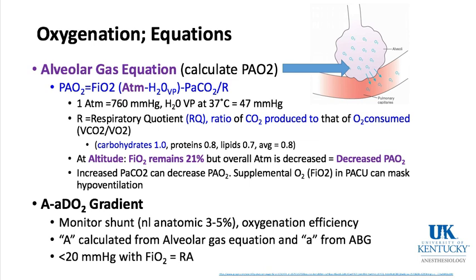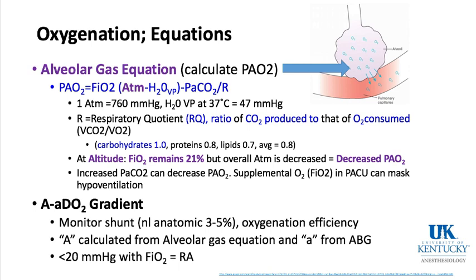PAO2 is equal to the FiO2, room air being 21%, times atmospheric pressure at sea level, 760 millimeters of mercury, minus water vapor pressure, which at body temperature of 37 degrees is 47, minus PaCO2 over respiratory quotient. So this equation is used to calculate PAO2, or the oxygen in the alveolus itself.